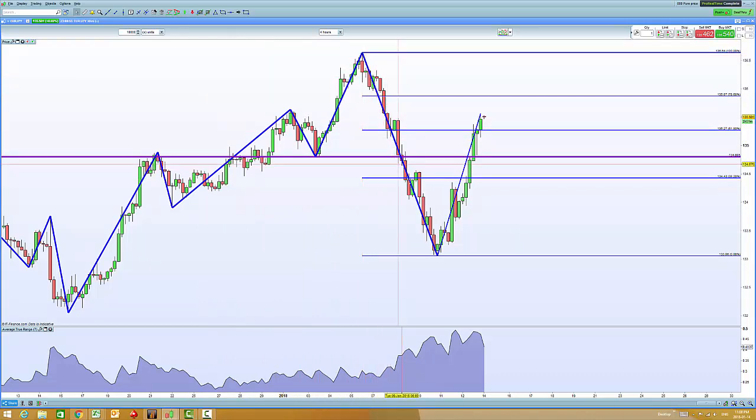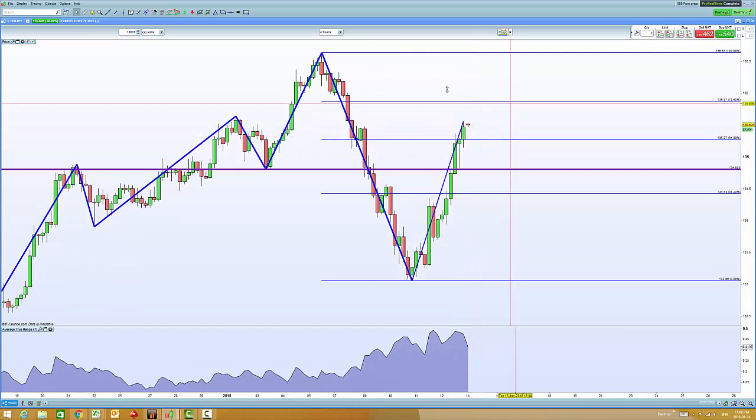Then we got that rollover and break of structure to the downside playing out over here. Now we're seeing a retracement back up into structure, and what we're looking for is an opportunity to get short here. Should we get some kind of a signal that we can go short here, we'd put our stops in above the swing high, and we'd look for a continuation move to the downside over here.